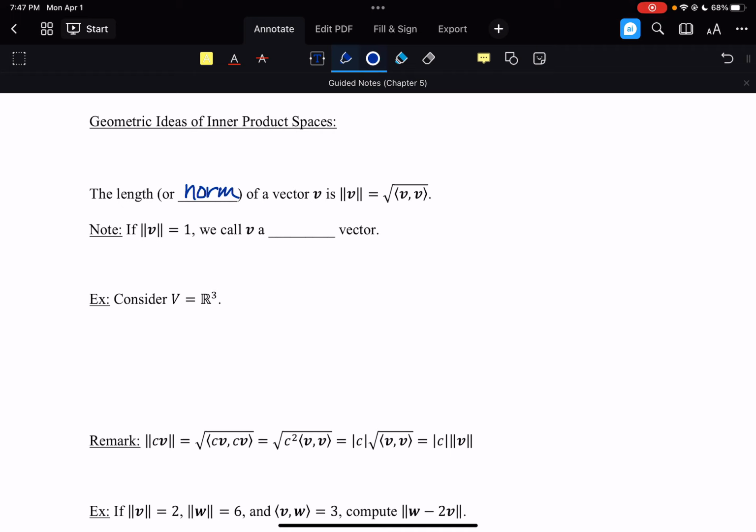But of course, we can apply this to any vector of any vector space if given a valid inner product. Note, here the norm of the vector is given by the square root of the inner product of the vector with itself. And note, if the length or norm of a vector is 1, we call v a unit vector. Again, a concept that you should have seen in Calc 3, coming back recontextualized.